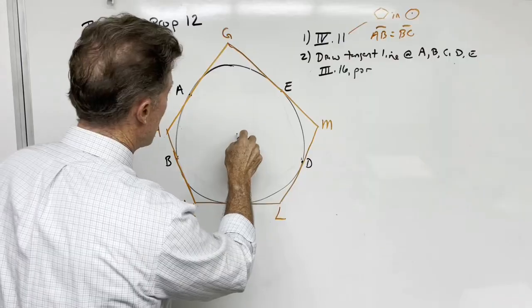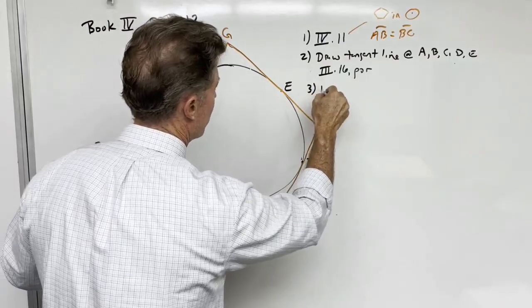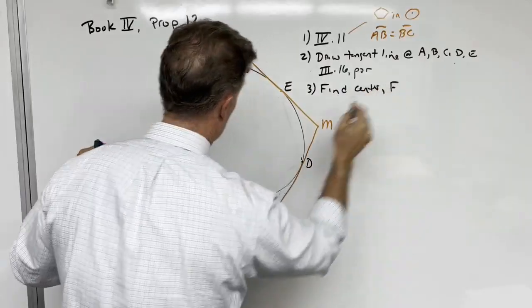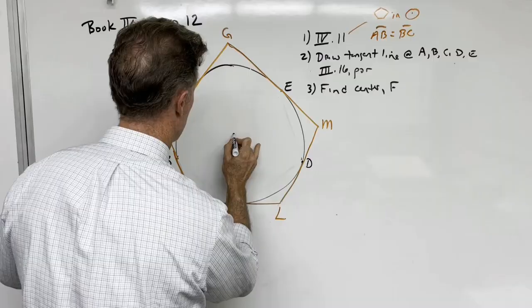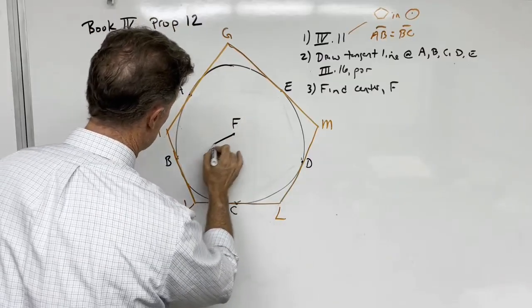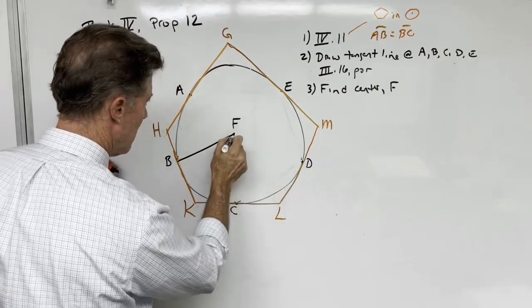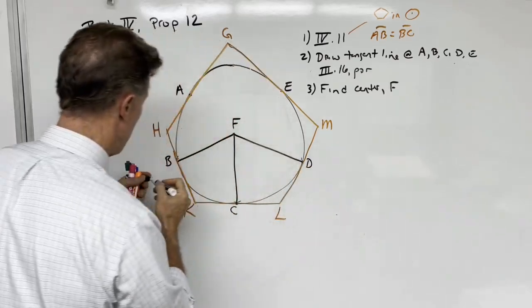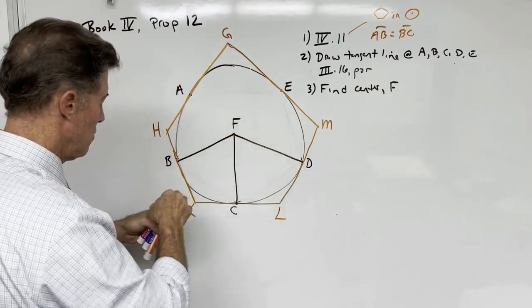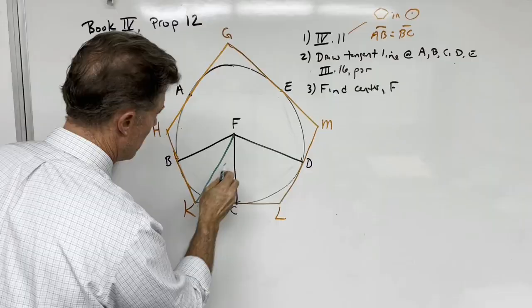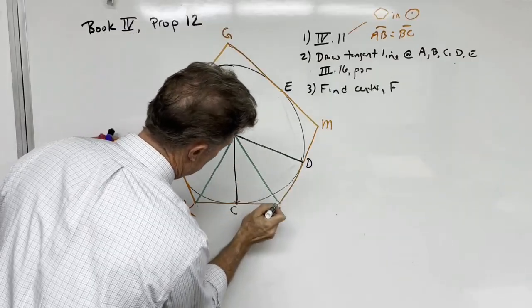So the way we'll do that, step 3, we're going to find the center of the circle. Let it be F. And from this center, we're going to connect FB, FC, FD, as well as FK and FL.